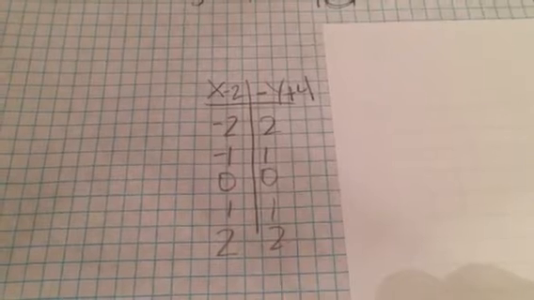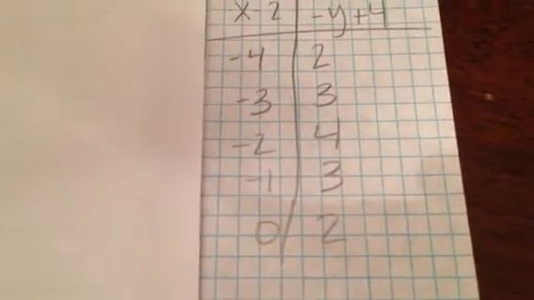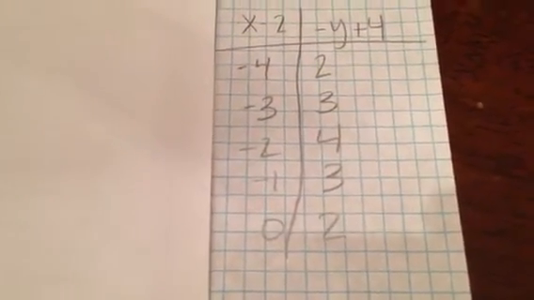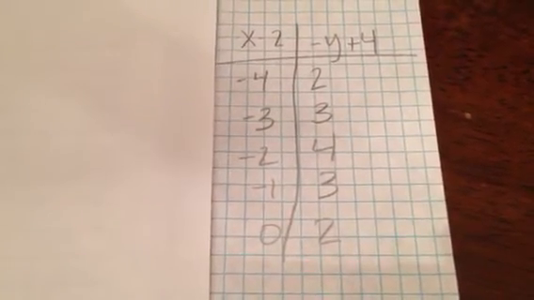And for every x value, 2 is going to be subtracted from each x value. I've already written down the changed x and y values, and this is what I get right here: negative 4, 2; negative 3, 3; negative 2, 4; negative 1, 3; and 0, 2.